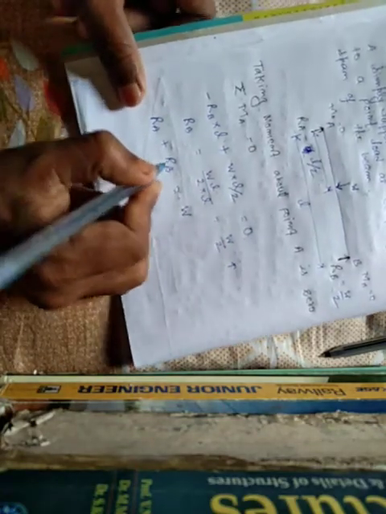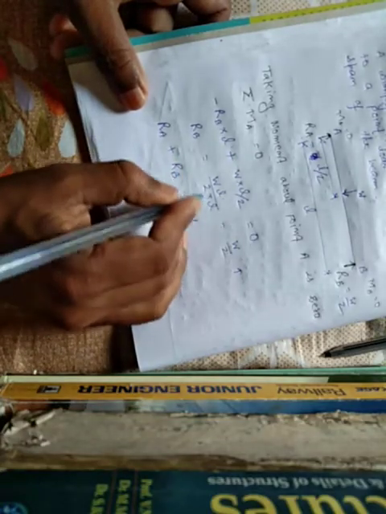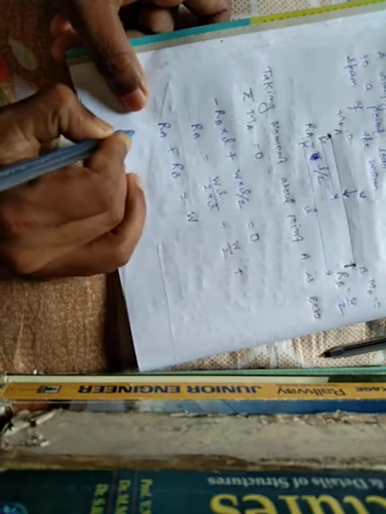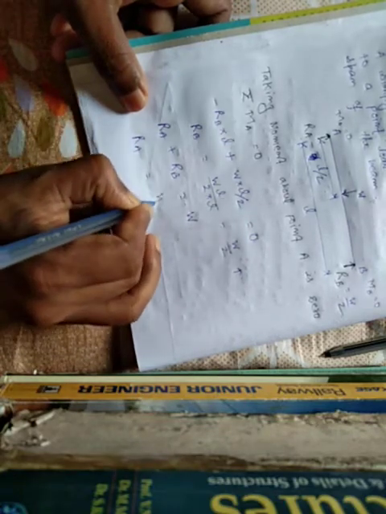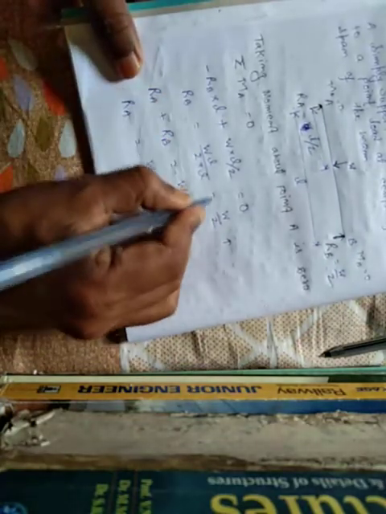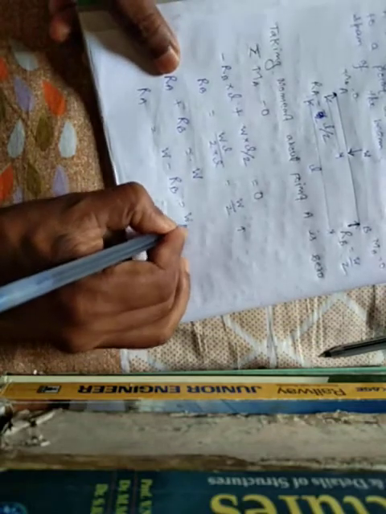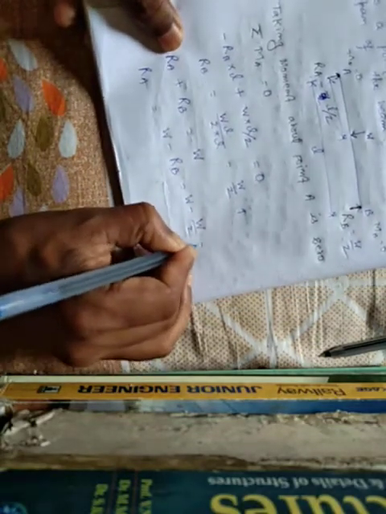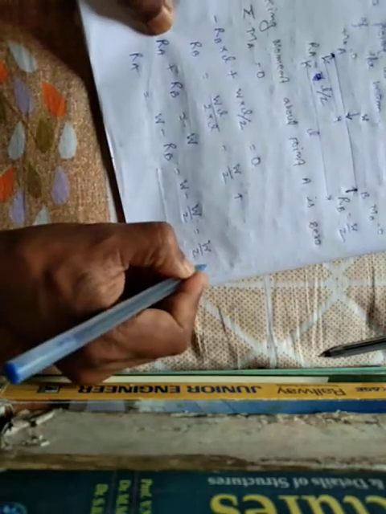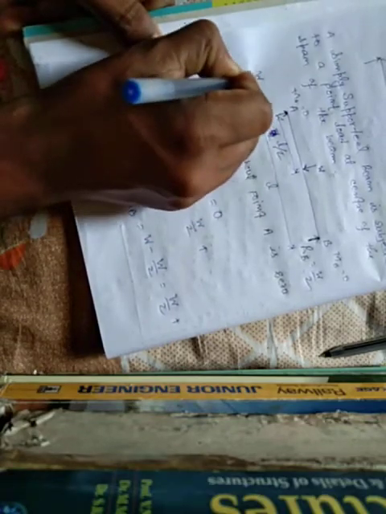So RA equals W minus RB. Put the value of RB. So W minus W by 2, which is equal to W by 2. It is also upward direction, positive. So RA equals W by 2.